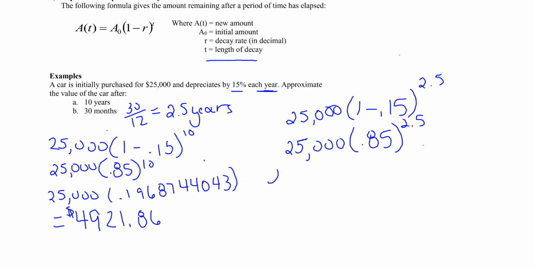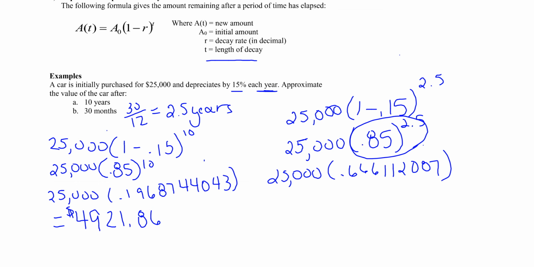So we'll do 25,000 times, when I do my power to this, I'm going to get 0.666112087. And that's going to give me, after 2.5 years, the car is worth $16,652.80.